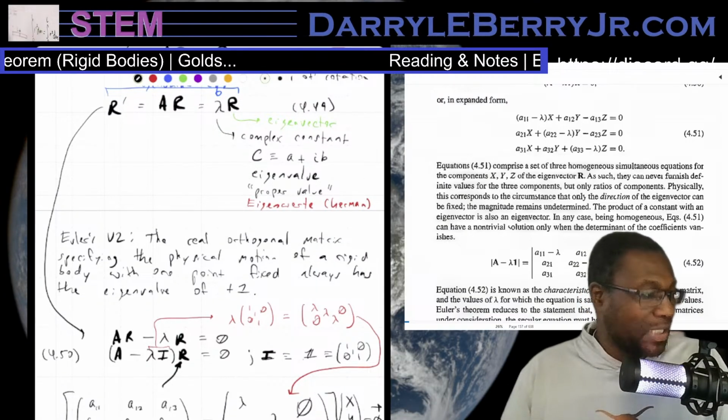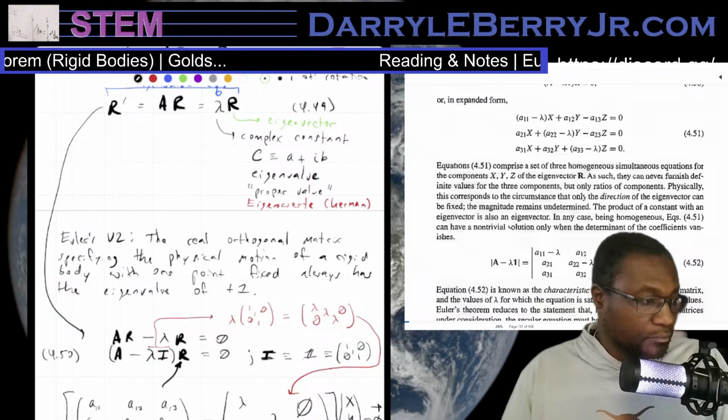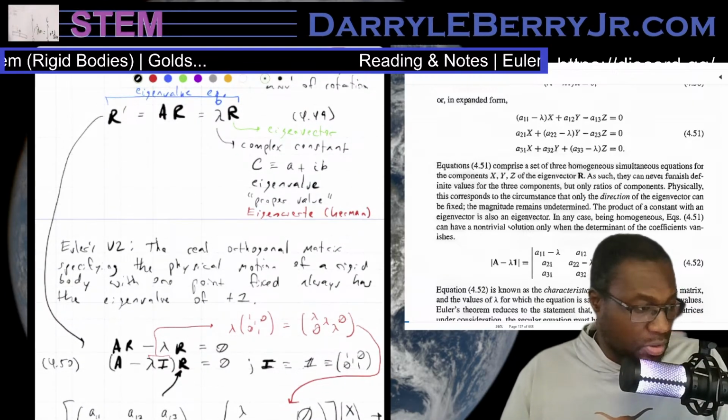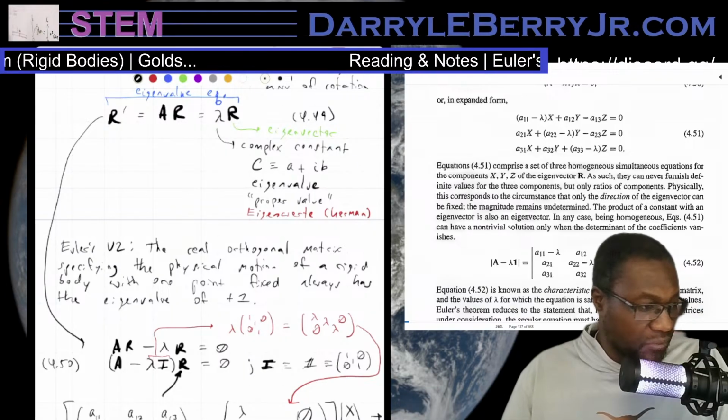The product of a constant with an eigenvector is also an eigenvector. In any case, being homogeneous, we can have a non-trivial solution only when the determinant of the coefficients vanishes.